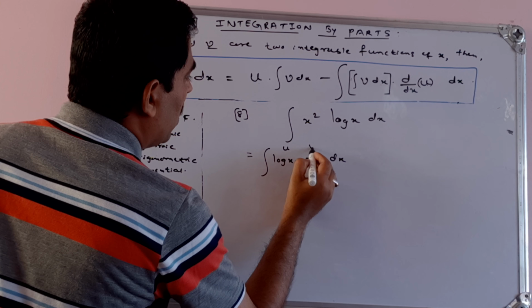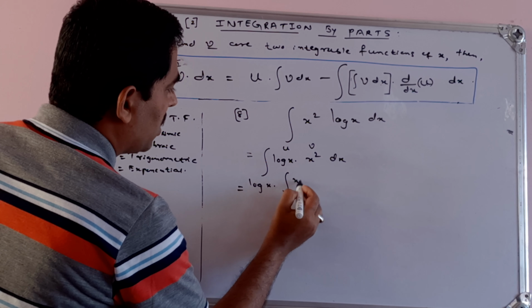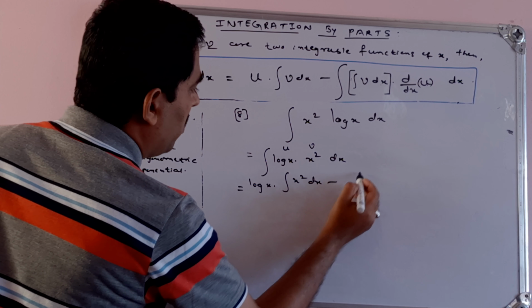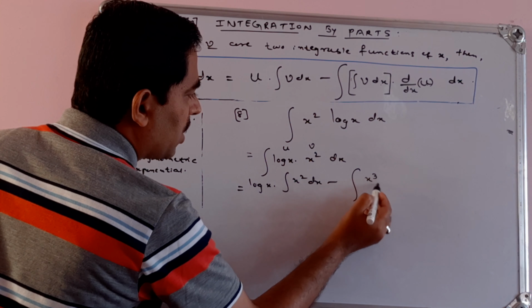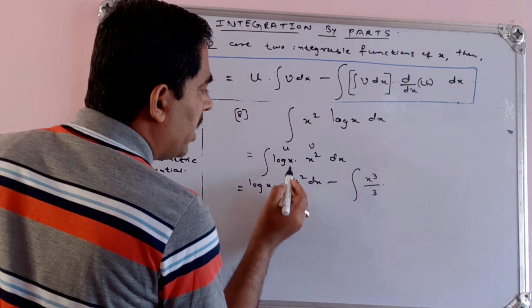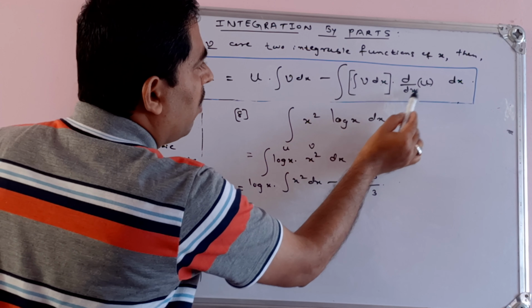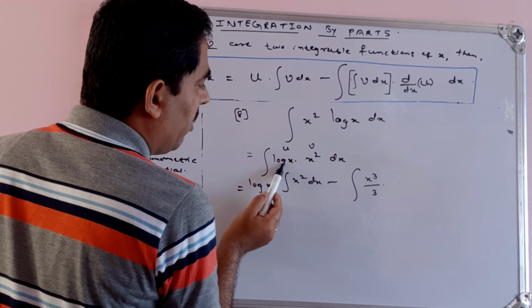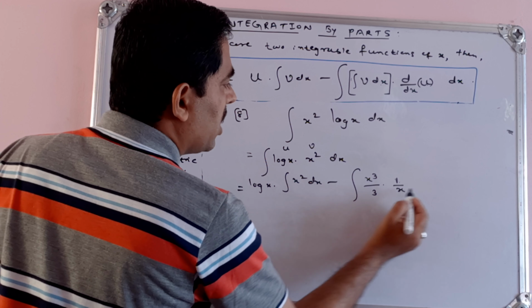So this is u and this is my second function. Then first function is log x into integration of second function minus integration of, see, integration of x square is x cube by 3 into derivative of first function. You can write it directly also, okay? So derivative of u means what? Log x. Derivative of log x is what? 1 by x. So write it directly. See, derivative of log x is 1 by x.